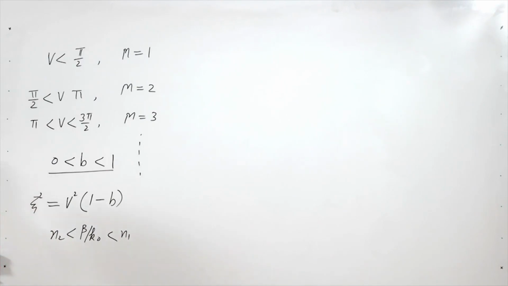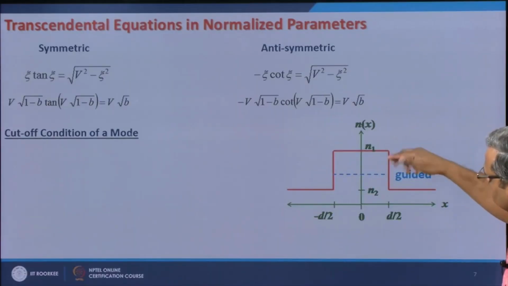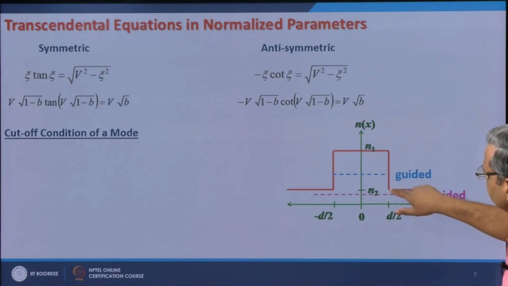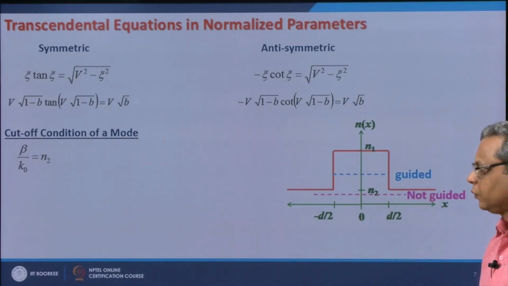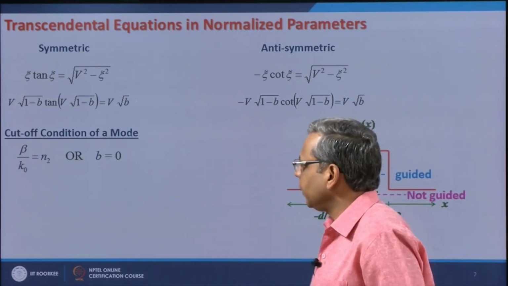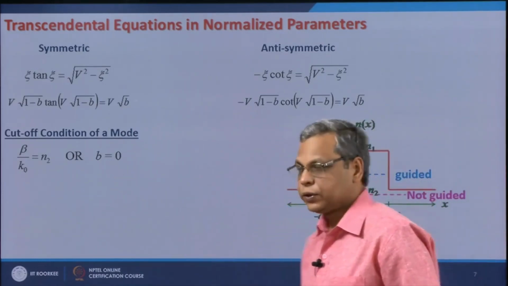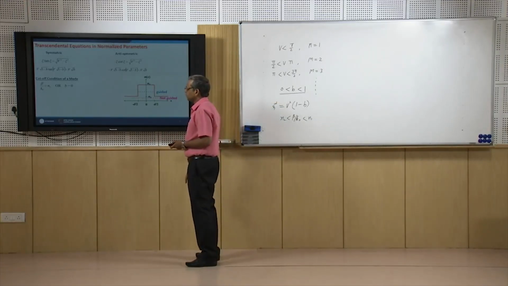So, if this beta over k naught approaches n2, then a particular mode is cut off. A mode is guided when the effective index of the mode lies between these two, but as soon as the effective index goes below this, it is no more guided. So, this value of n effective will give me the cutoff. Beta over k naught equal to n2 gives me B equal to 0. So, this is the cutoff condition in terms of B.